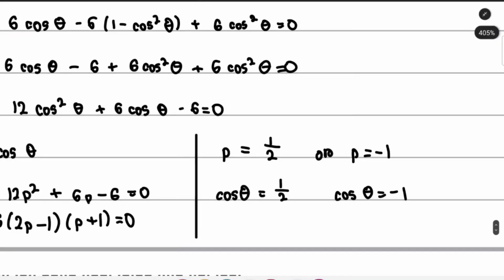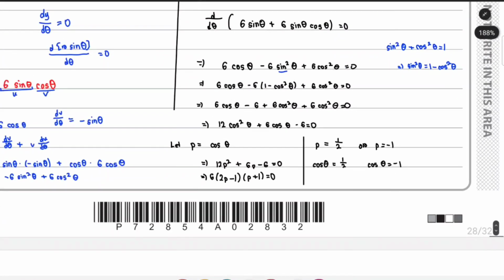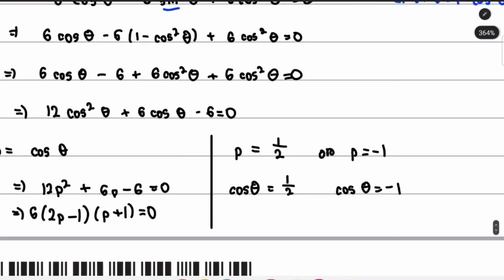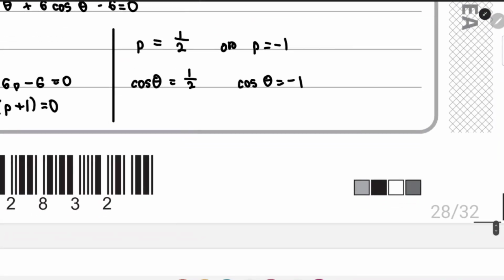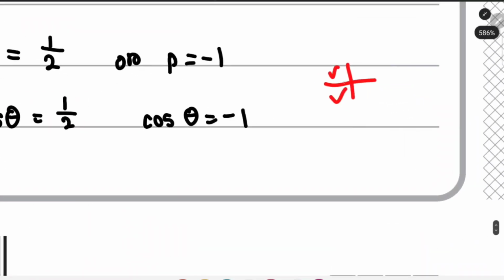Now we get two values of cos theta, but only one will be necessary. You can already figure out which one to eliminate here. Cos is only negative in the second and third quadrant, so when the angle is between pi by 2 and 3 pi by 2.